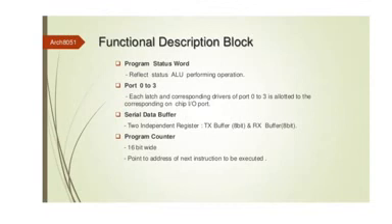Next you have port 0, port 1, 2 and 3. Each latch and corresponding driver of ports 0 to 3 is allotted to the corresponding on-chip I/O port. These 4 ports' pins are used to interface devices like LED and LCD, which we already discussed.